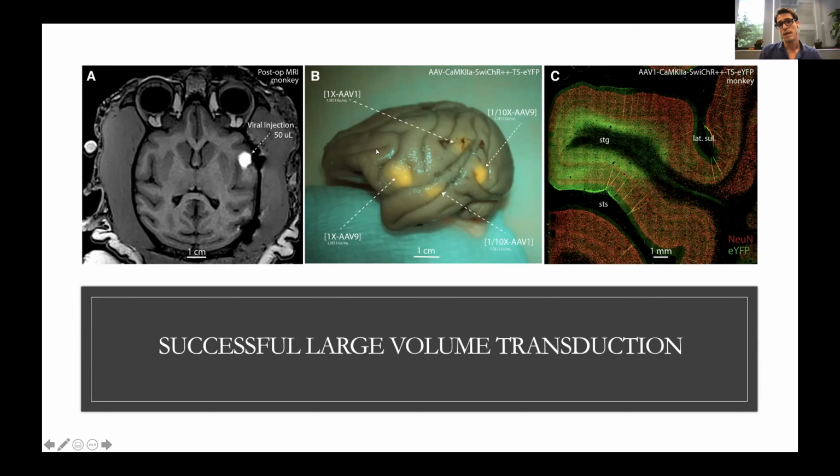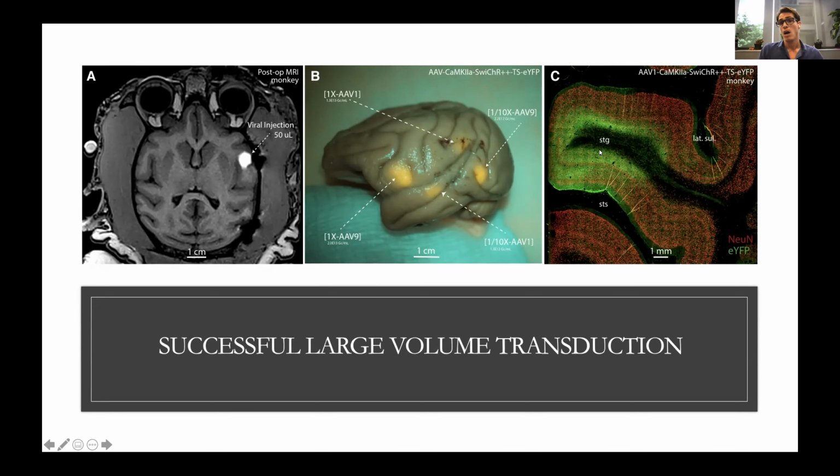And then through postmortem examination, we can have a look here using epifluorescence imaging at the scale of the expression in the brain. And you can see these spots here, the yellow spots, these correspond to expressions, and these are a single injection. So this is just one little single injection at the center of this that's done in less than half an hour. We get about a centimeter of expression, which is, you know, many fold larger than what's obtained in the rodent brain.